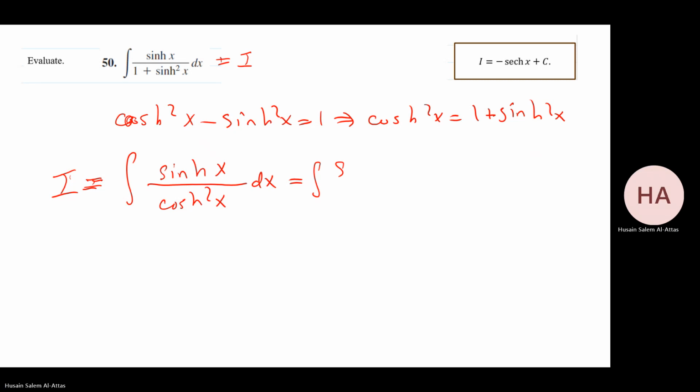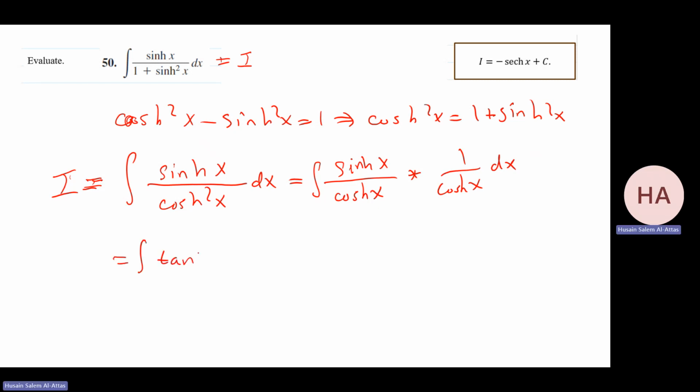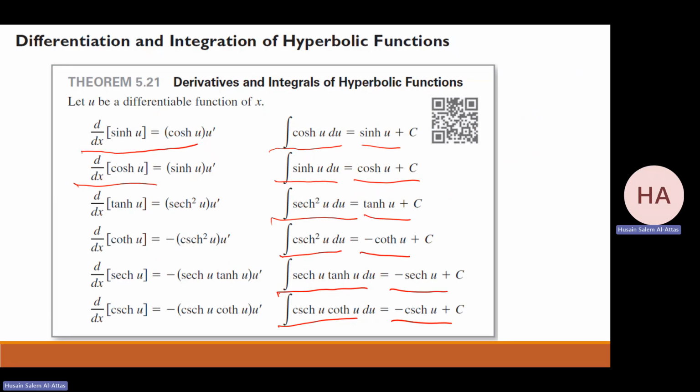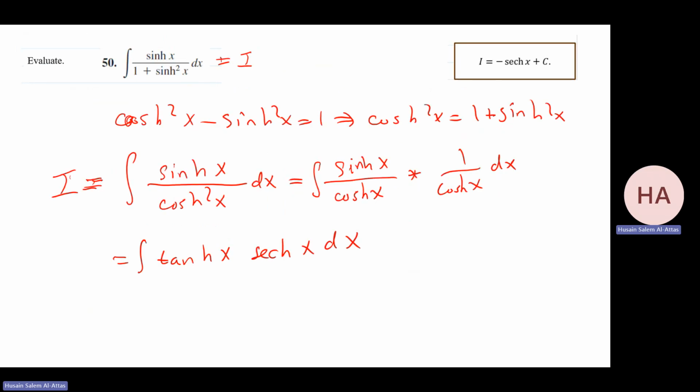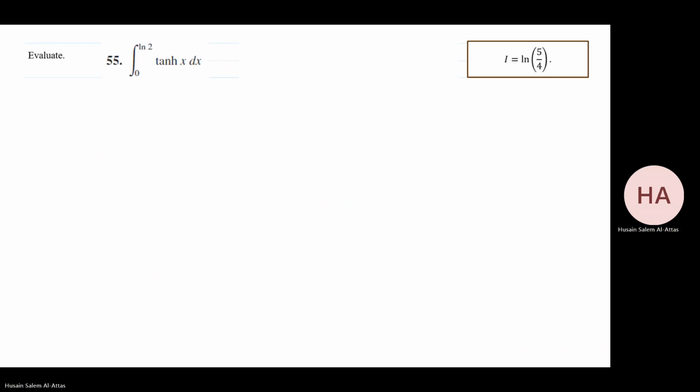That will be sine hyperbolic x over cosine hyperbolic x times 1 over cosine hyperbolic x dx, which is tan hyperbolic times secant hyperbolic x dx. If you look at the formulas, it is this one. So the answer is minus secant hyperbolic plus c. So sometimes you need to manipulate it a little bit, then we can do the integration.